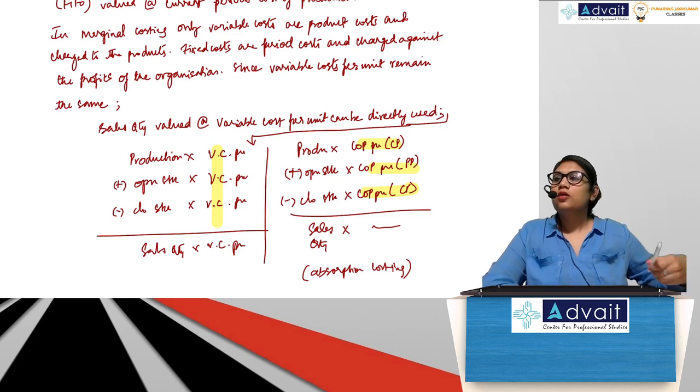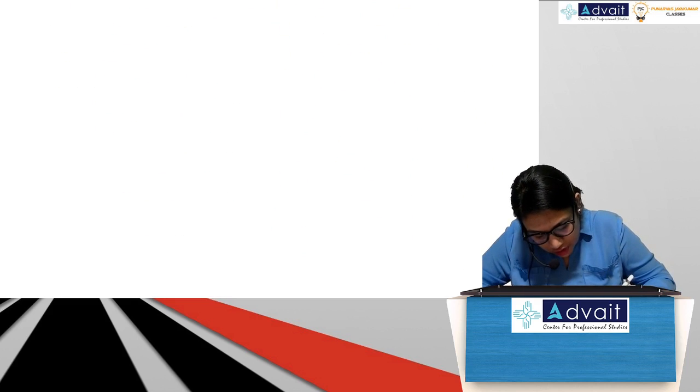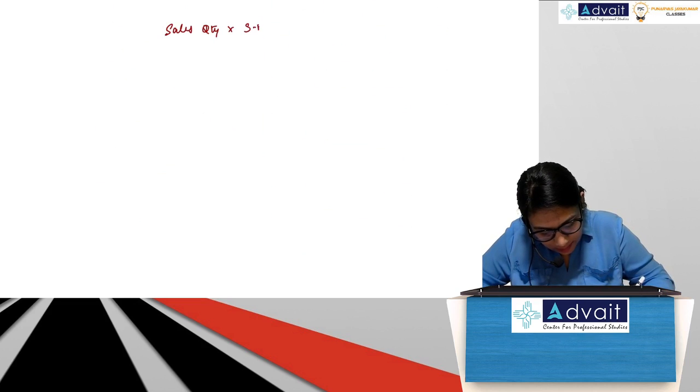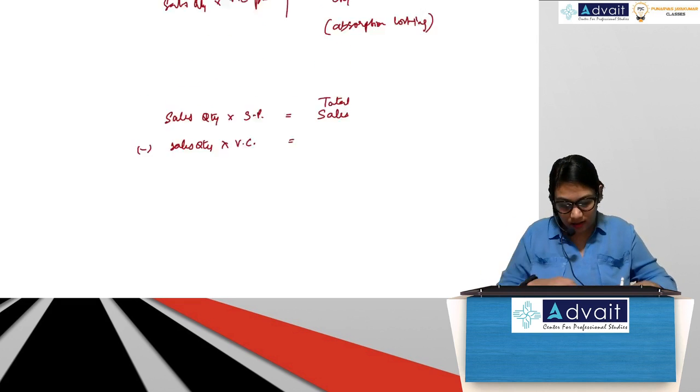Okay, so like I said, the marginal cost sheet starts with sales quantity into selling price, which gives me total sales, minus sales quantity into variable cost, that's what we calculated here.